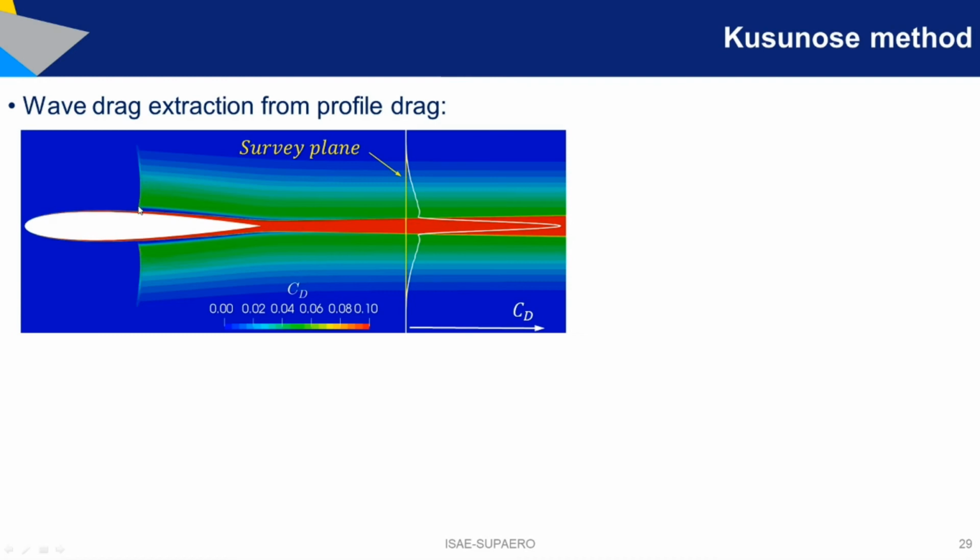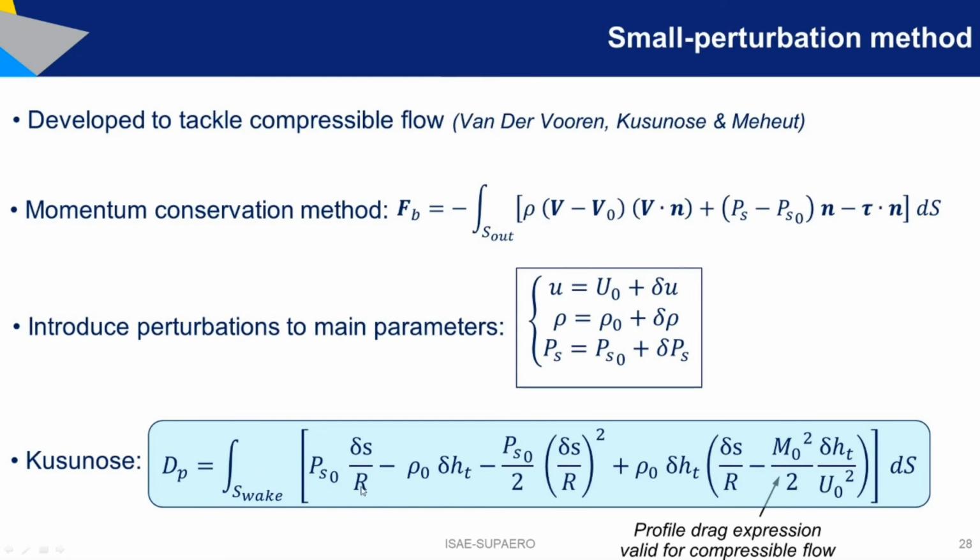And in green, we have here the shock wave and its related wake propagated downstream that belongs also into the wake. And let's consider this time a survey plane here in yellow. And all along this survey plane, we have the distribution of local drag density based on this previous equation. That's basically profile drag point by point.